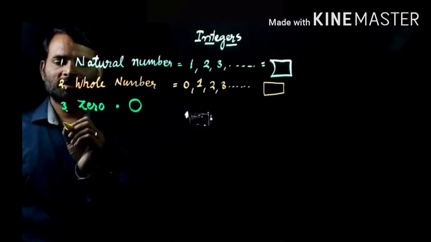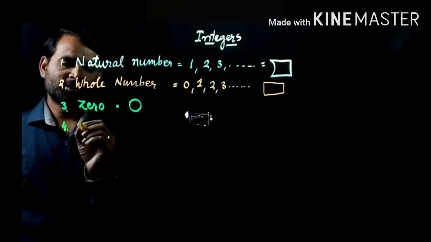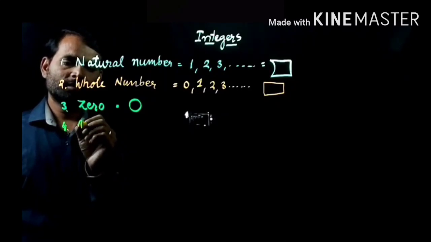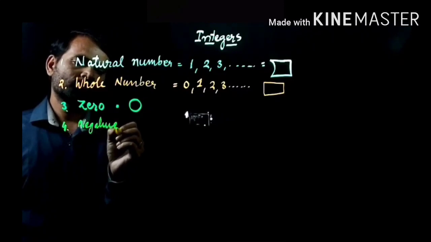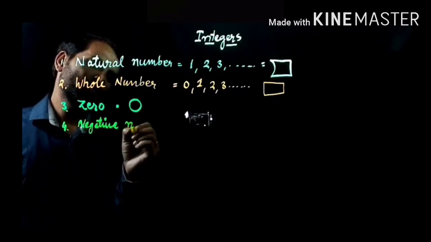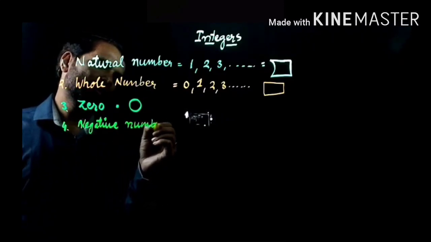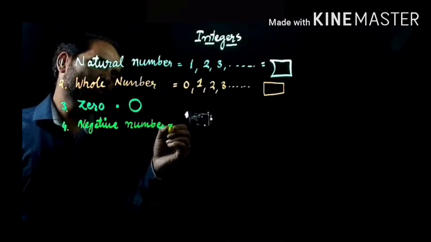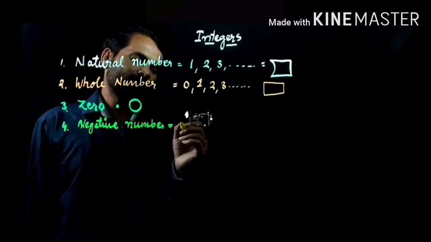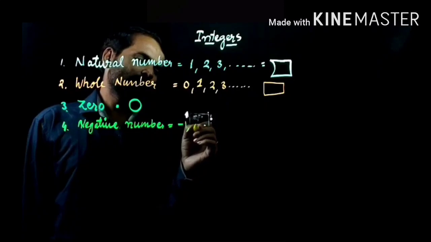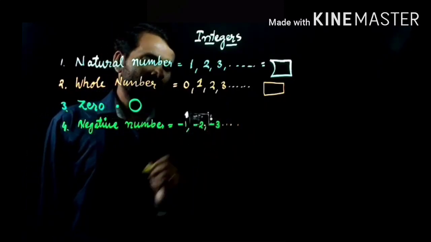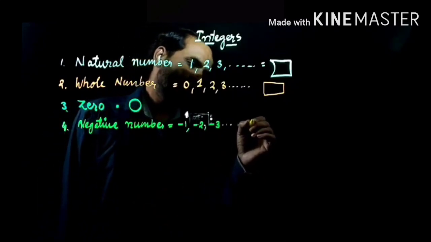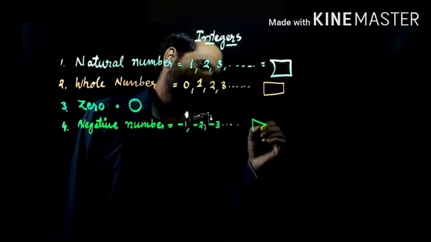Fourth is the negative number. If you put a minus sign before any number, it is called a negative number. The negative number sign is shown as a rectangle shape.